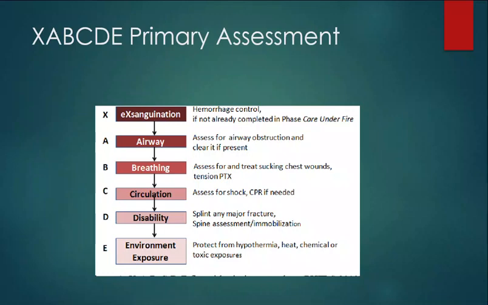But what they might do is say you have a patient with a compound femur fracture that is oozing blood and the patient has an occluded airway. What are you going to do first? Obviously, in that situation, you're going to go with the airway, okay? If the bleeding is what's going to kill your patient first, then that's what you're going to do.